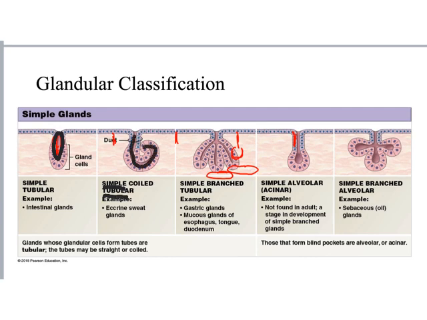You can have a simple branched, so it starts out with one tube, but then it branches into more than one. You can have simple alveolar. Alveolar just means it ends in a sac. And then you can have simple branched alveolar, where you start with one, but then you end up branching off into several blinded sacs.